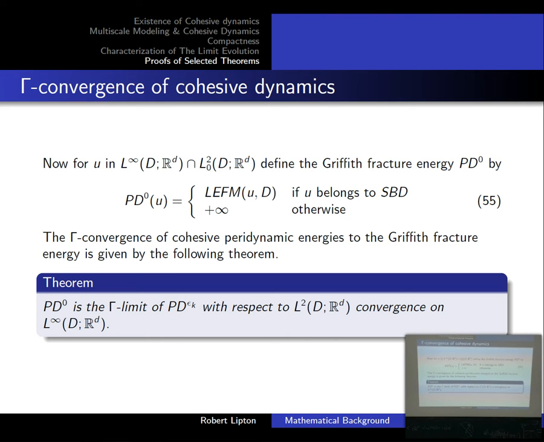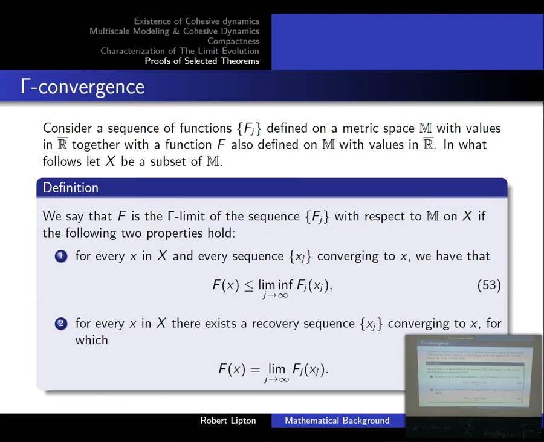What I have not shown you is the recovery sequence part, but I'll tell you what it is right now. What is the recovery sequence? Take any x in L infinity and L2 which lies in SBD. It's its own recovery sequence.